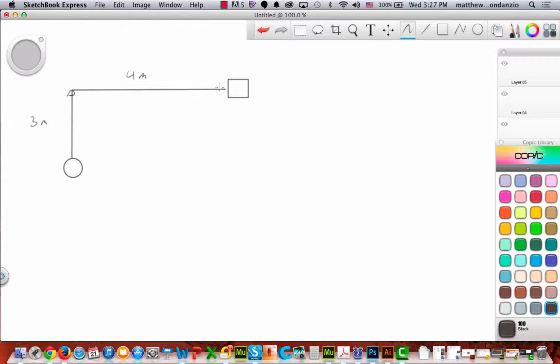Your displacement is 5 meters. So where's my displacement vector? It's a straight line. Beautiful. And what is my displacement? It's 5. The magnitude of my displacement is 5.